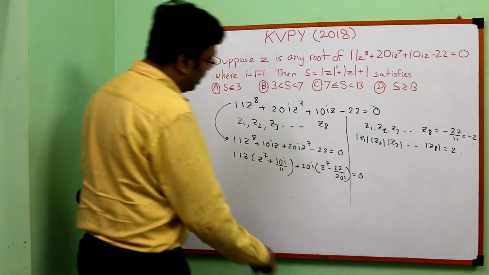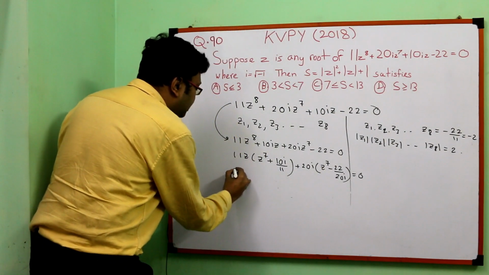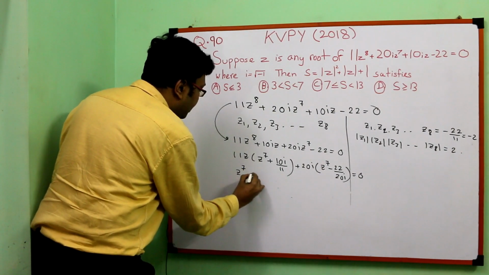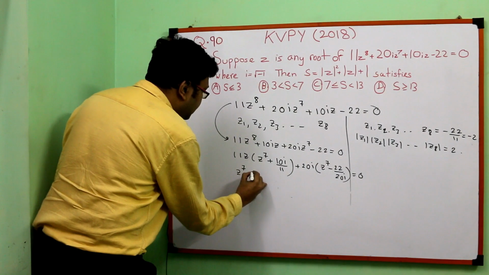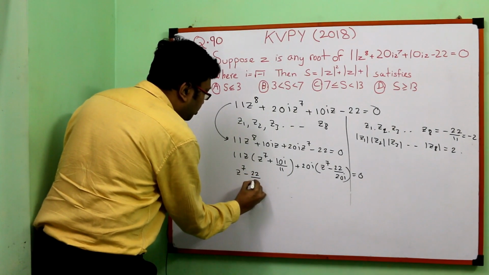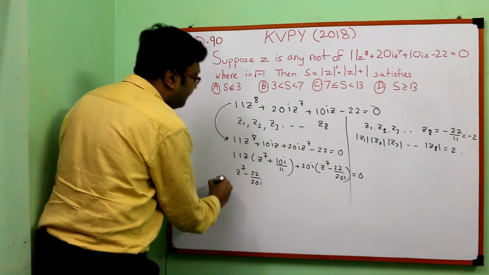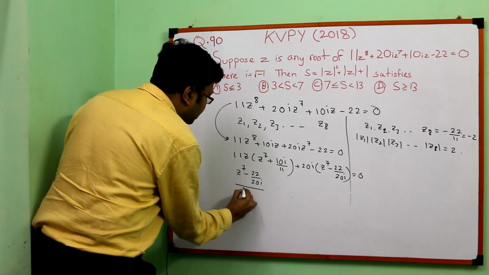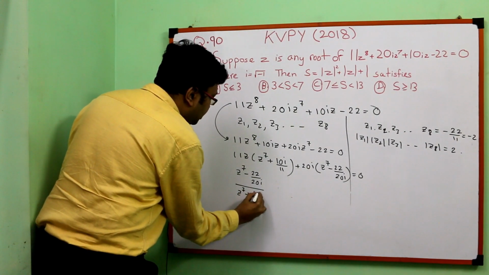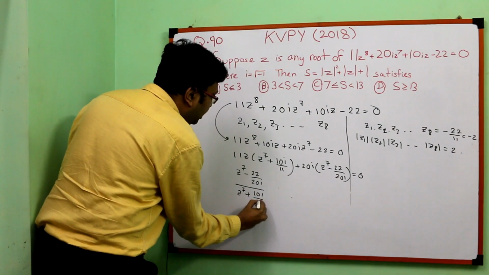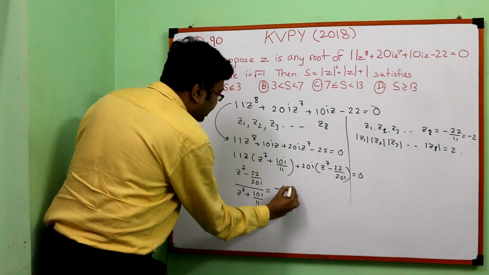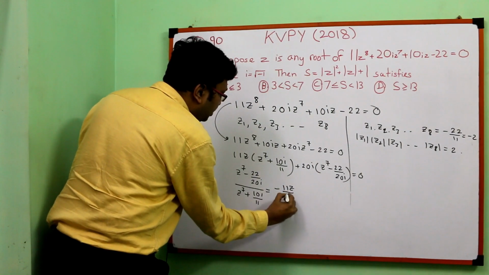Therefore, we have a relation which is z to the power 7 minus 22 by 20i by z to the power 7 plus 10i by 11 equal to minus 11z by 20i.